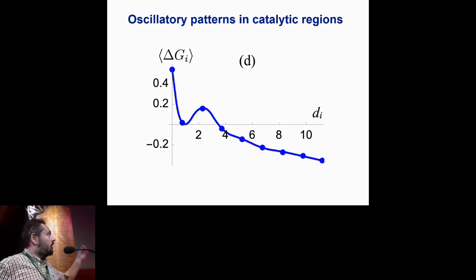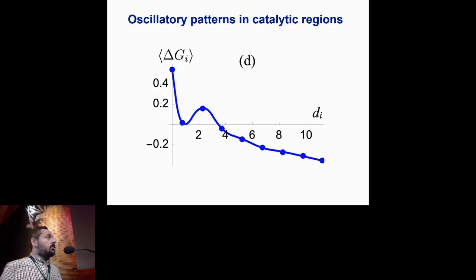Then there is a first shell of residues that are neither strong, but they are certainly not weak. Then there is a second shell of residues that indeed seems to be weaker. And then from a certain distance, all the residues on average are strong.